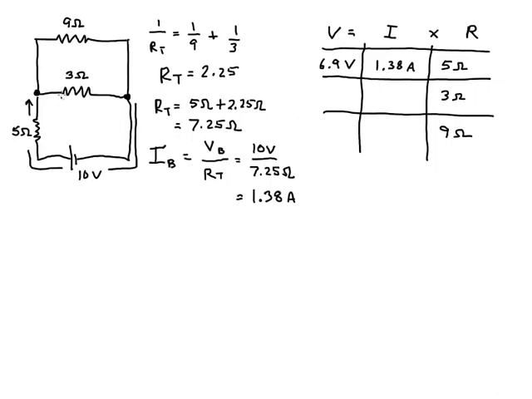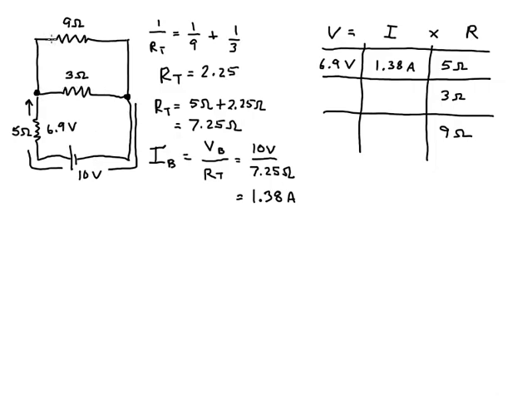Now let's do a little bit of detective work. I have no clue how this current is going to split up when it goes through these two resistors, but one thing I do know is that I am dropping 6.9 volts when I go through this one. So a charge comes out of here with 10 volts, loses 6.9 here, and loses the rest here, because it's only passing through this one more resistor.